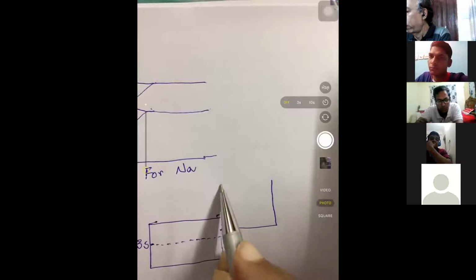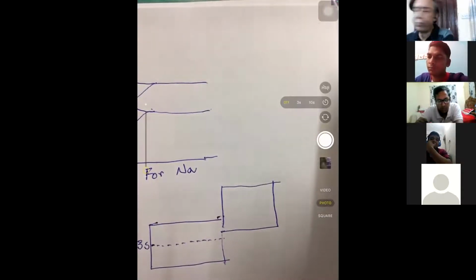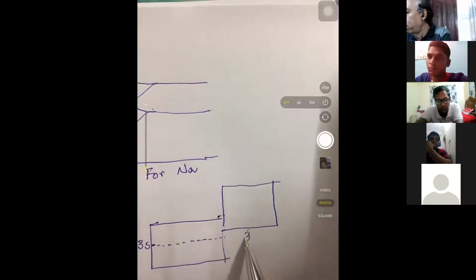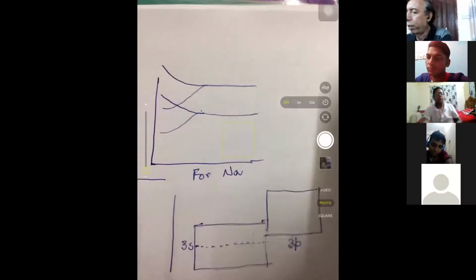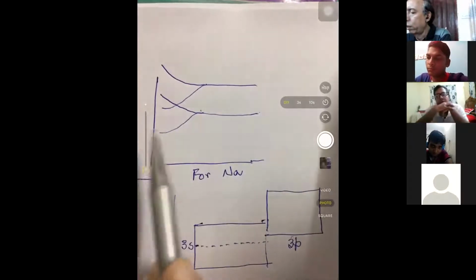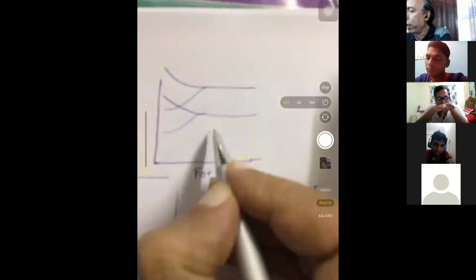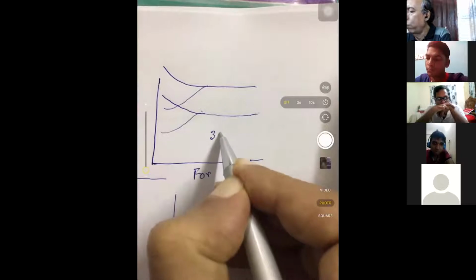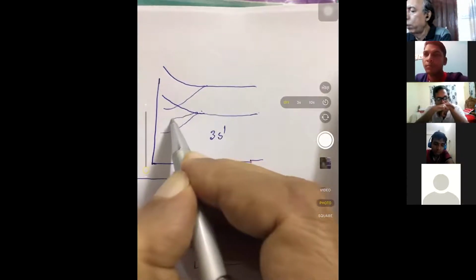3p is like that. This is also a band. This is 3s and this is 3p. 3p is empty. Like here, this is say 3s, because sodium has 3s1, so it is partially filled.